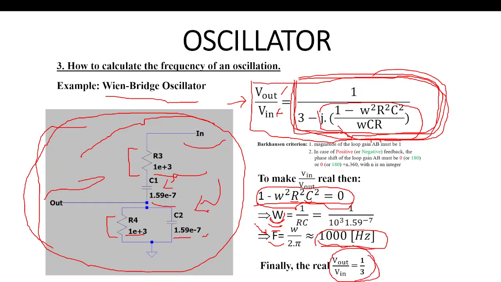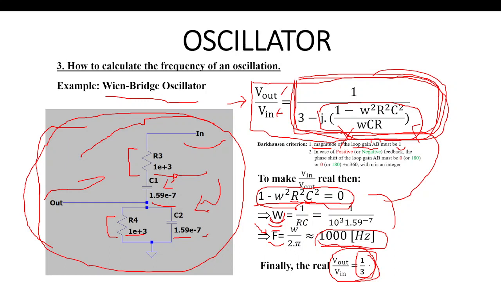So if we use this condition and we eliminate the imaginary part, our transfer function will be a real number, which is 1/3. However, this is only one part of the loop gain, because the loop gain must have the magnitude of 1.